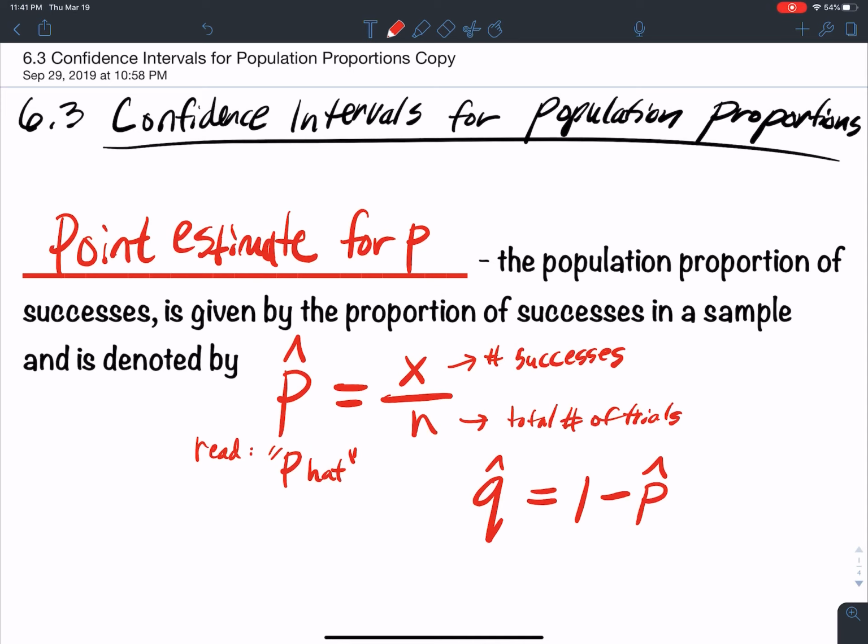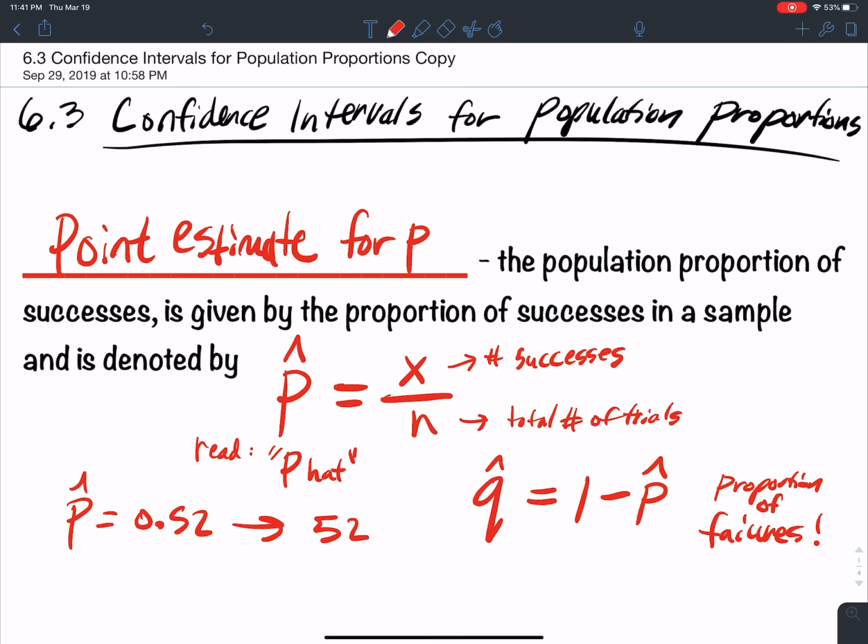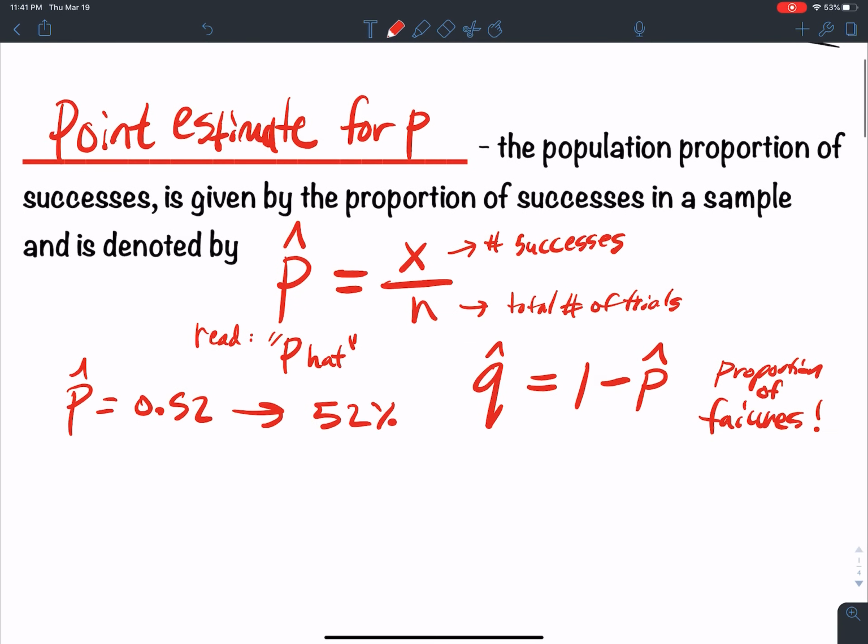This is the proportion of failures. Okay? So you might write your answer as a percentage. So if you had a P hat equal to 0.52, that would be 52%. You might see something like that.